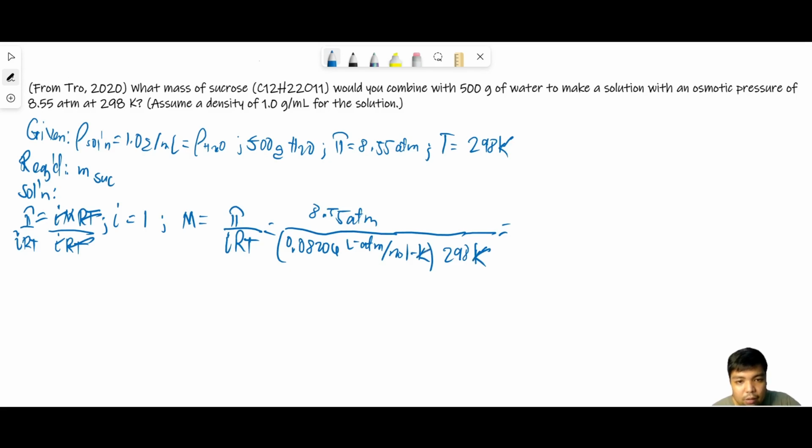So cancel out all your necessary values. So the molar concentration is 0.349638.